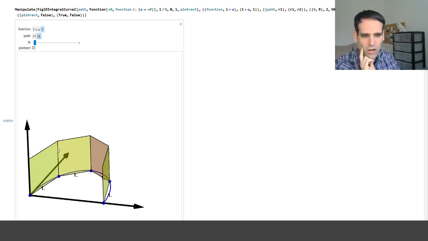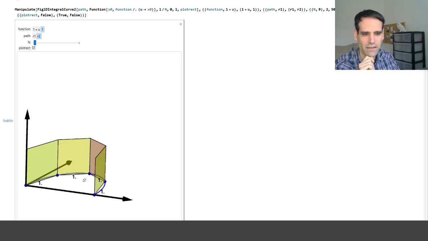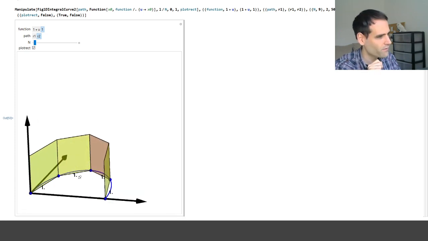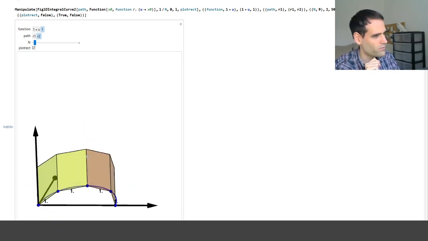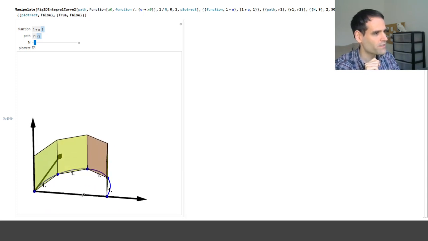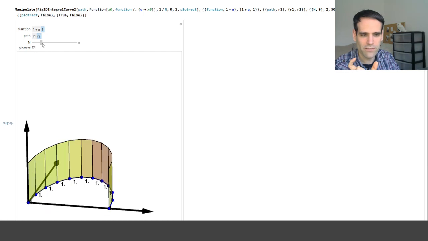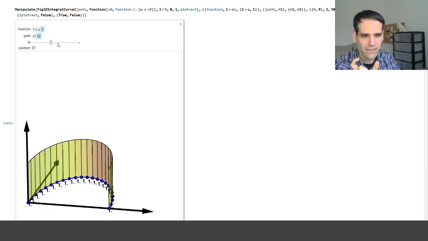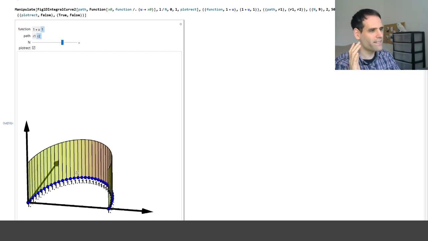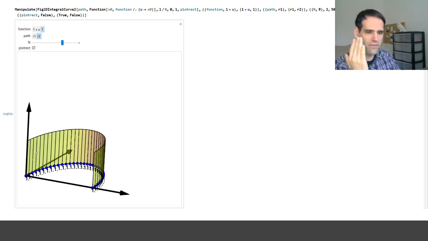I do this for all of the segments. In this case, I only have 4 segments. Of course, if I start increasing the number of segments by making delta L go to 0, in the limit I get this perfectly smooth curve, and I'm calculating the area of this smooth shape here.